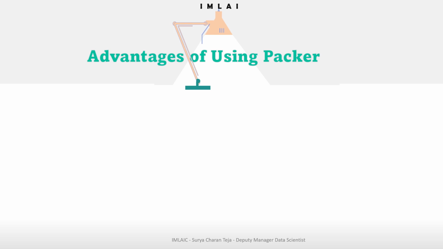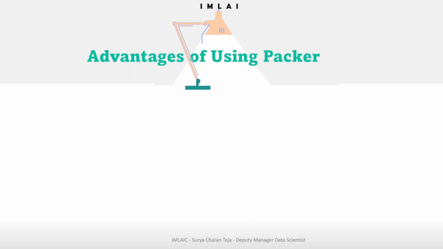Packer automates the creation of any type of machine image. It embraces modern configuration management by encouraging you to use a framework such as Chef, Puppet, or Ansible to install and configure the software within your Packer-made images.